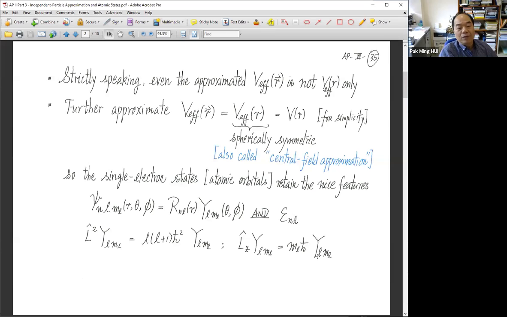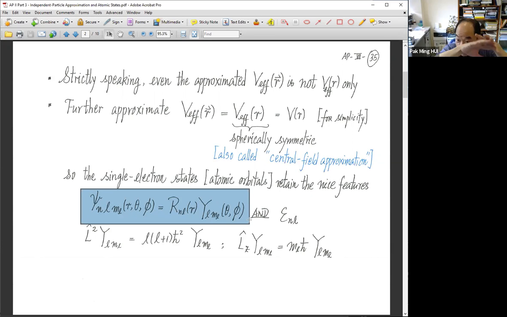So, if we further assume or approximate this effective potential as spherically symmetric, that will be nice because immediately we know the atomic orbitals will come out to be of this form. The Y_lm(theta, phi) only depends on the spherically symmetrical potential.